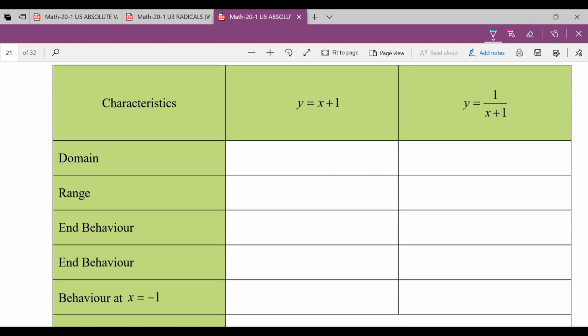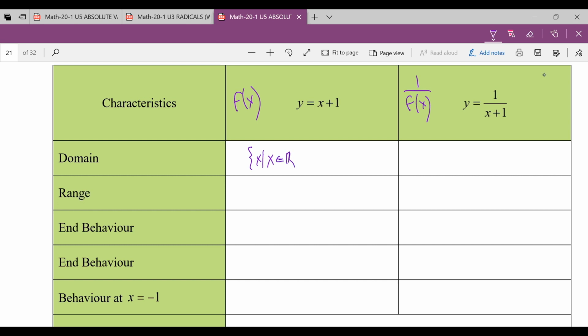So let's compare now the different domains and ranges and the behaviors at either end of the function graphs and so on between f of x and 1 over f of x. So let's call this f of x, and this would be 1 over f of x. Okay. So for f of x, the domain is just the x values that are members of the real number line.